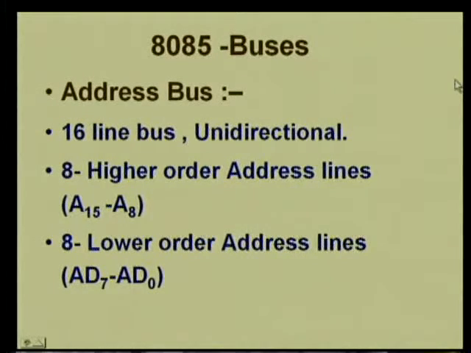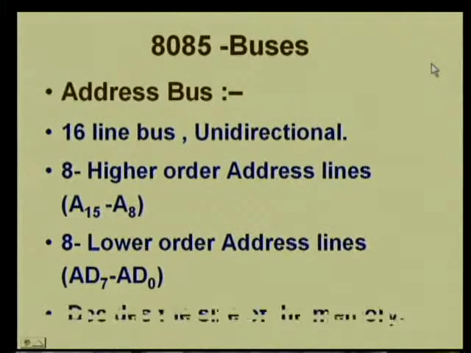The same 8 lines are used for sending the lower order address byte as well as for data at a later time. How these address lines and data lines are demultiplexed, we can see later.